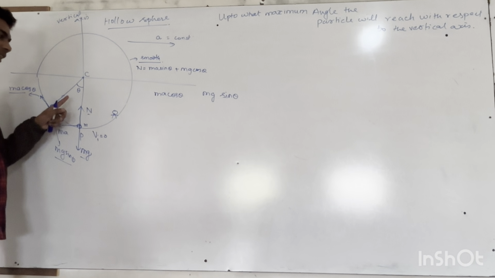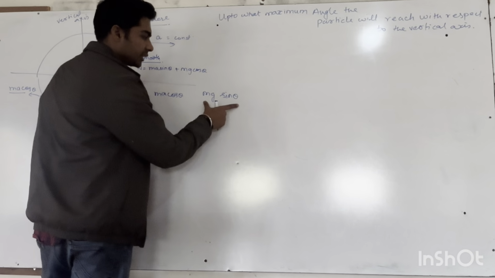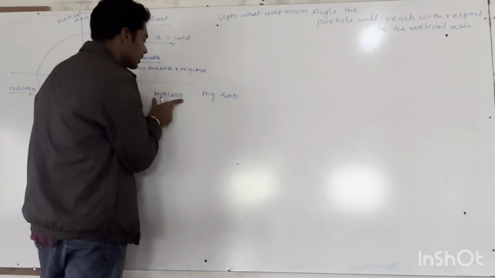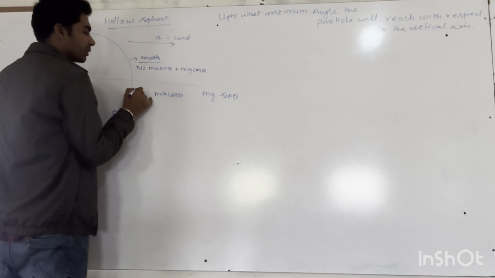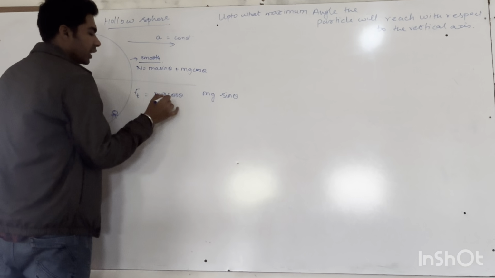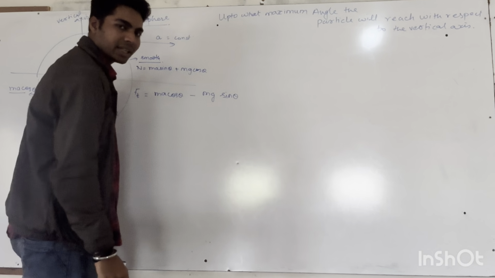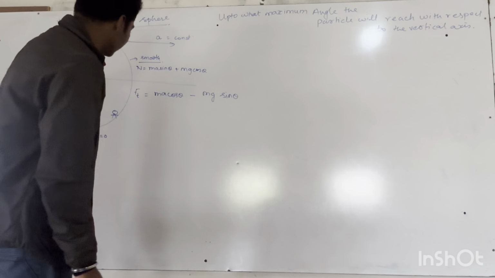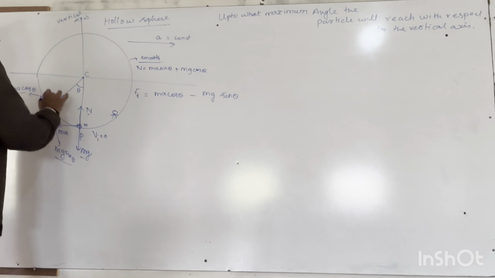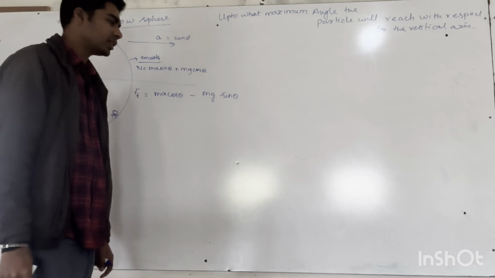If we see this theta is increasing with time, initially this mg sin theta is 0, so the tangential force on the particle is actually ma cos theta minus mg sin theta in the upward direction, in the tangential direction. This is the net force.